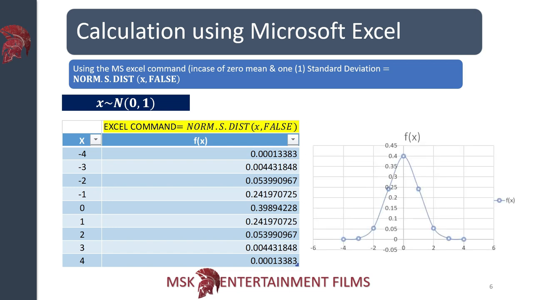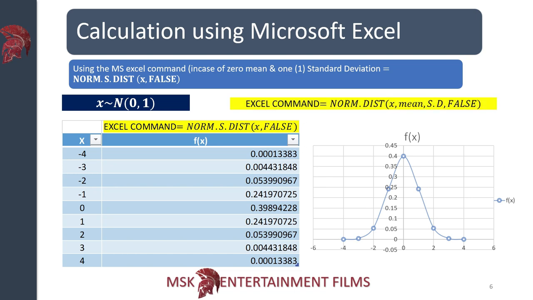This is f of x, or you can see the bell-shaped curve of the values in column x. You can see that the peak of the distribution is on the mean. As we already discussed, the bell-shaped curve has the property that the highest probability would be on the mean.